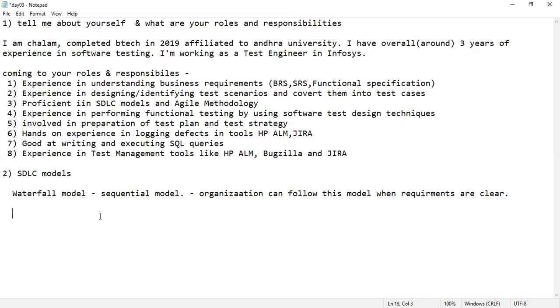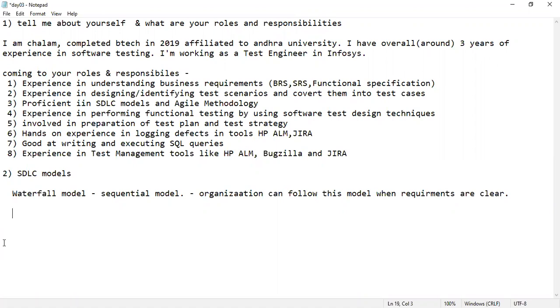So what is the process to get a project by any company? Anybody knows? What is the process to get any project? Sufficient developers, testers, and software.